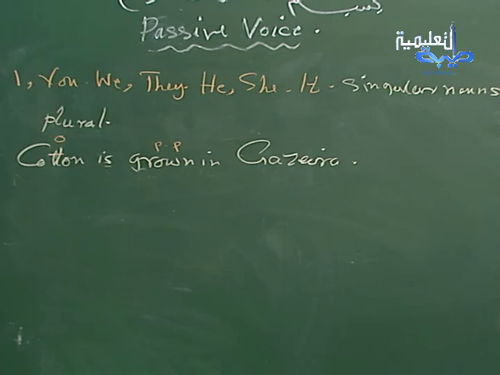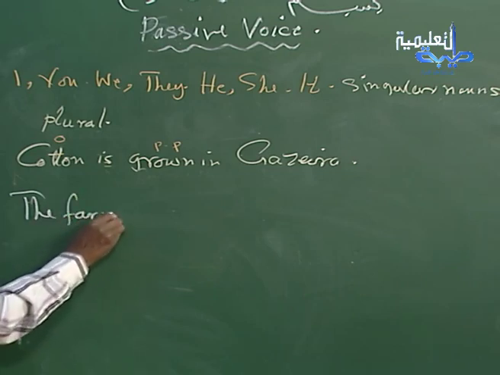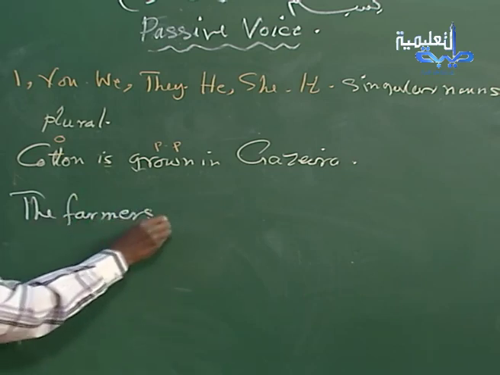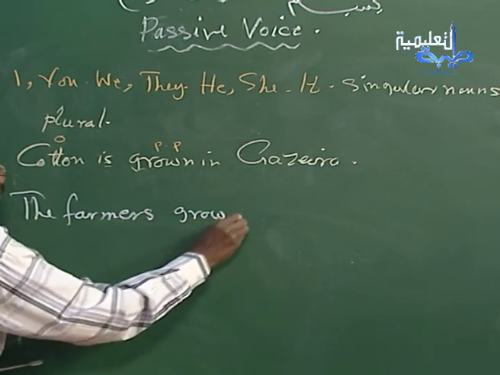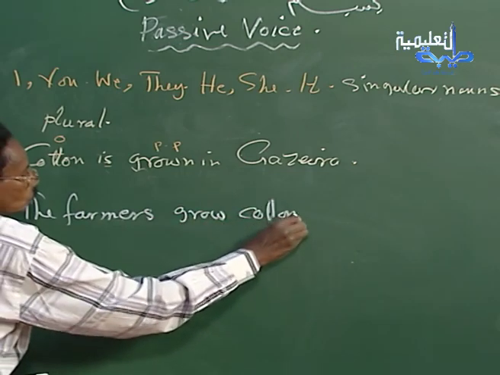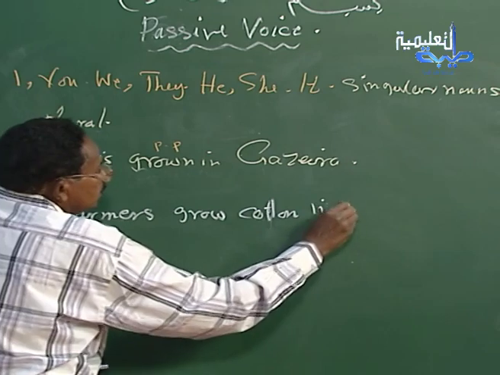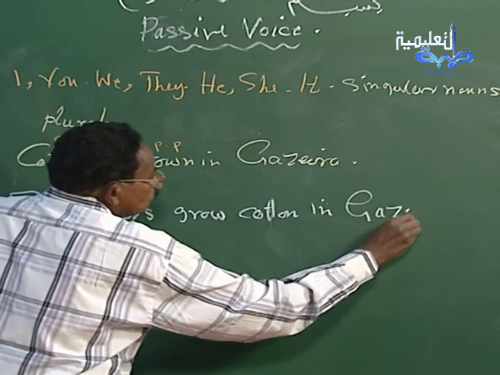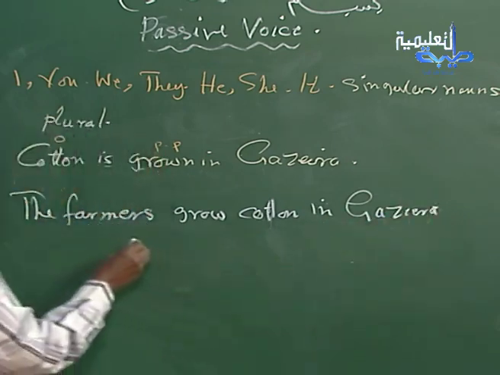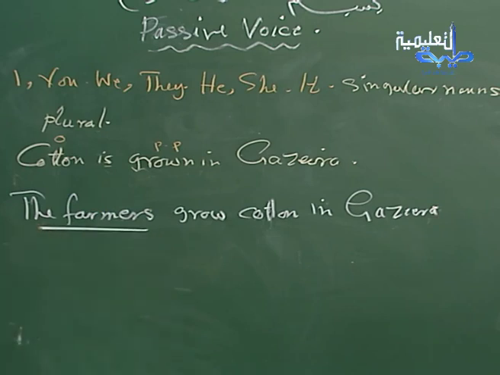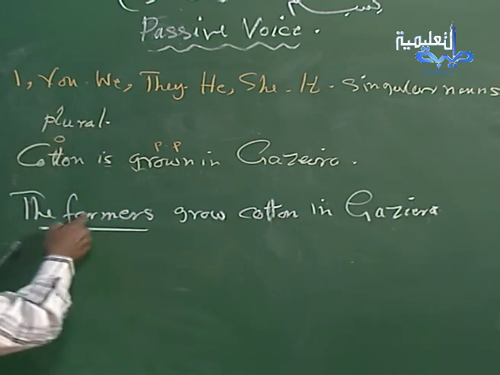The real question, the farmers grew cotton in Jazeera. This is the subject. The farmers grew cotton in Jazeera. You see, this is the subject.